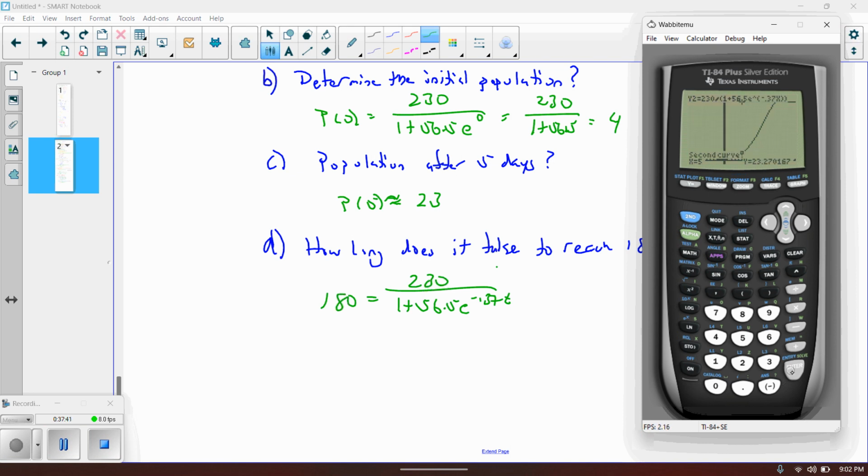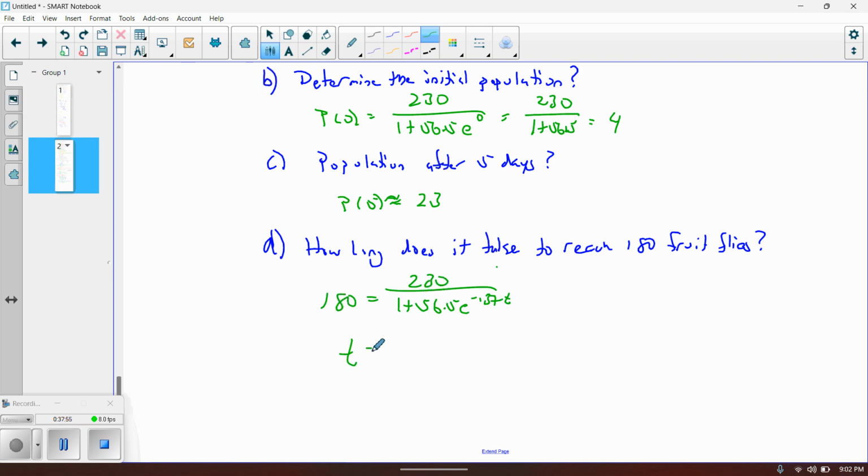Yes, that is the second curve. Let it guess because I think there's only one intersection. And boom, there it is. So it should take approximately 14.36 days or 14.37 days. So t equals 14.37 days in order for you to have 180 fruit flies.